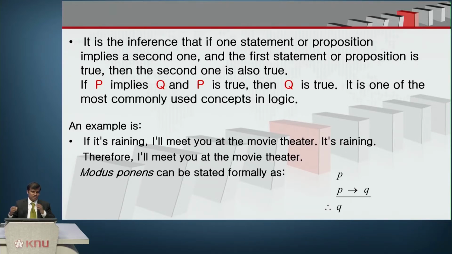The reverse is not true, just to understand. When P is true, then Q is true, but the reverse, if Q is true, P is not necessarily true. So don't get confused with it. This modus ponens is the logic used for affirming that whenever P is true, Q is true.